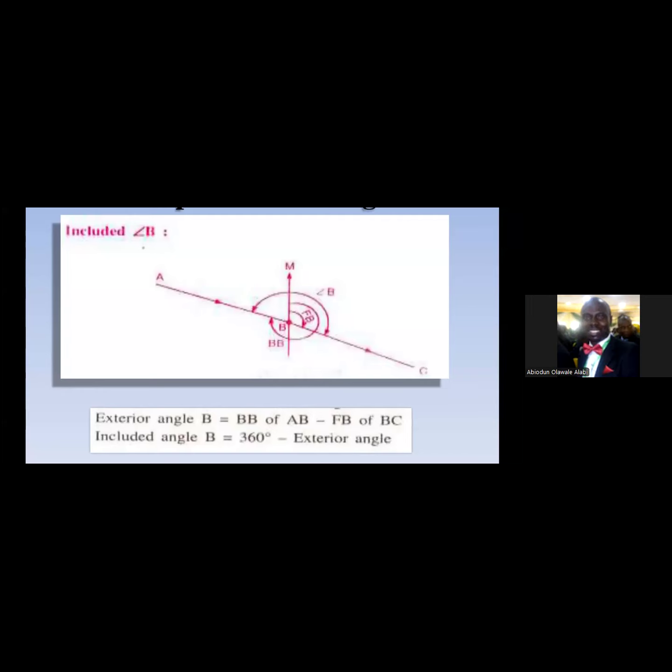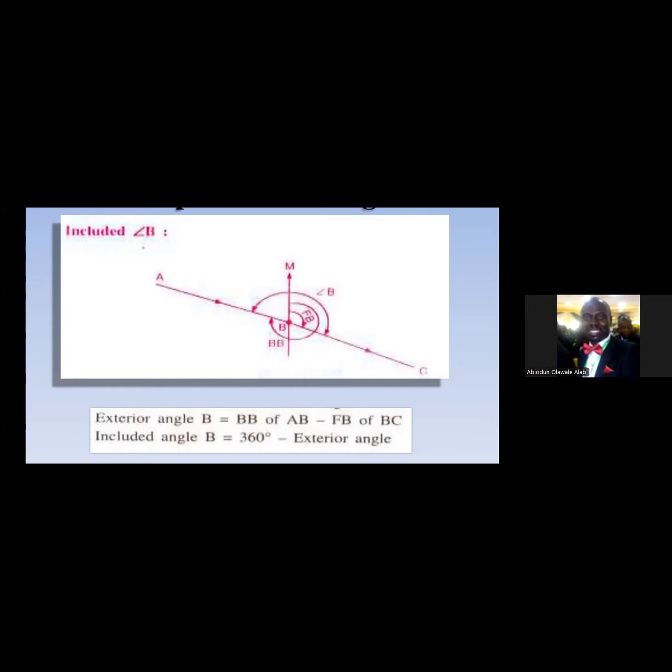Okay, so I don't think there's a letter, you can use a different letter, but just see that the angle at the top, touching line AB and line BC, is the interior angle of B, as you can see from the labeling. Then below it, we have the exterior angle of B. So how do we compute all of that?